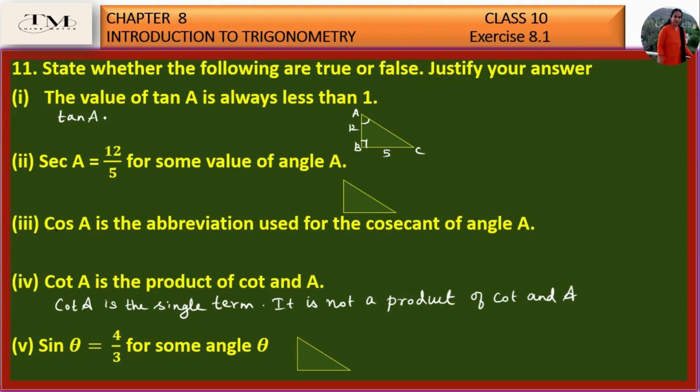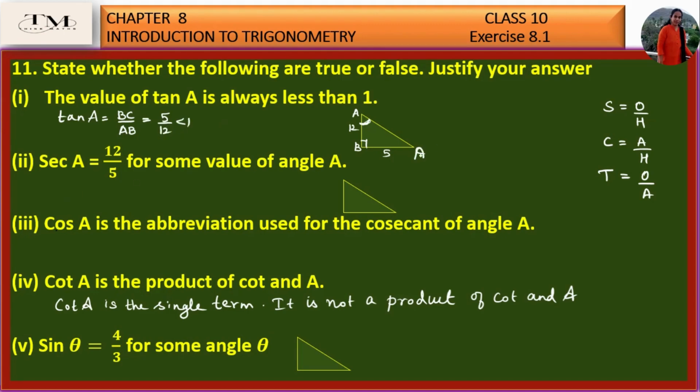I think you all remember the sentence: tan is opposite side by adjacent. If this is the angle A, what is opposite? BC. So BC is the opposite side, and the adjacent side is AB. So tan A is equal to 5 by 12.